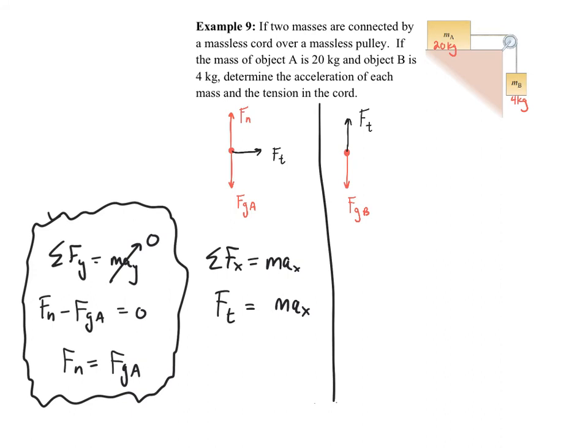It's going to be either clockwise or counterclockwise. But for one of the objects, because we're considering down to be negative, this acceleration is going to be negative. So when I do this, I'm going to have F_T pulling up, the weight pulling down, and that equals m times negative a. That's where it's going to get tricky.